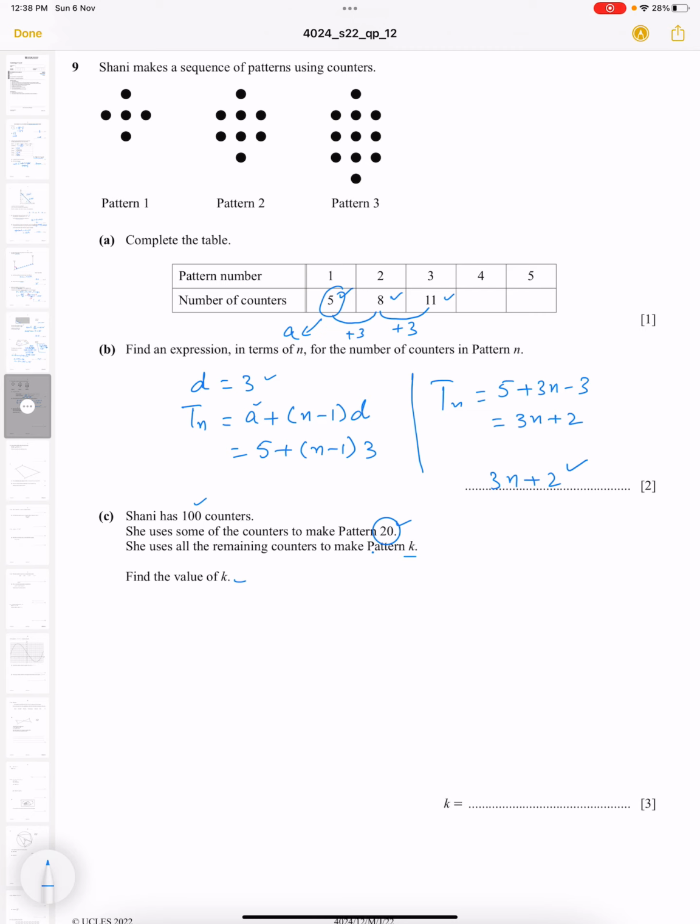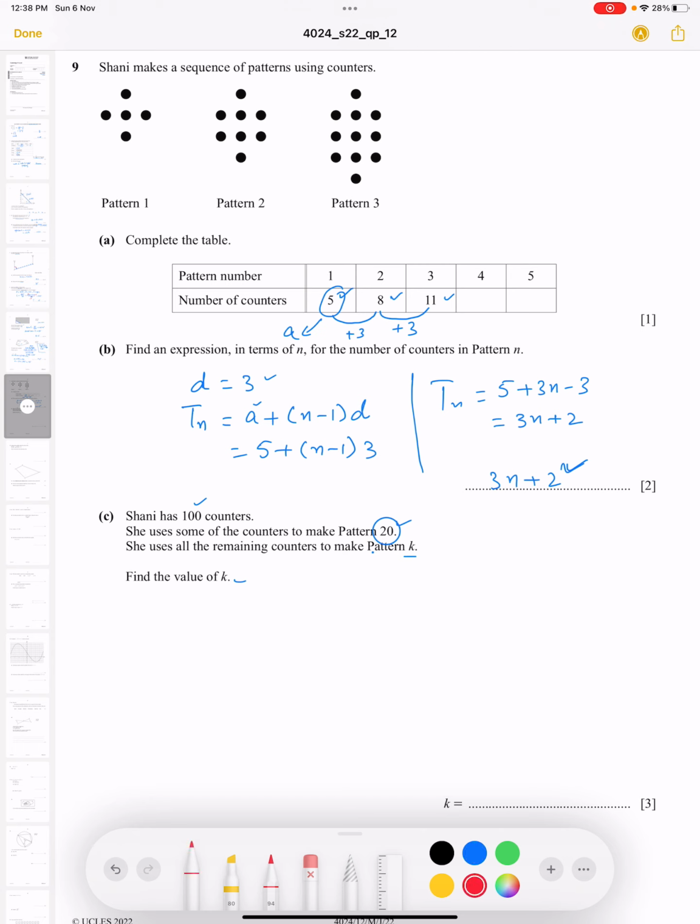From the expression found in this part here, 3 times 20 plus 2, which is 62, will be used.